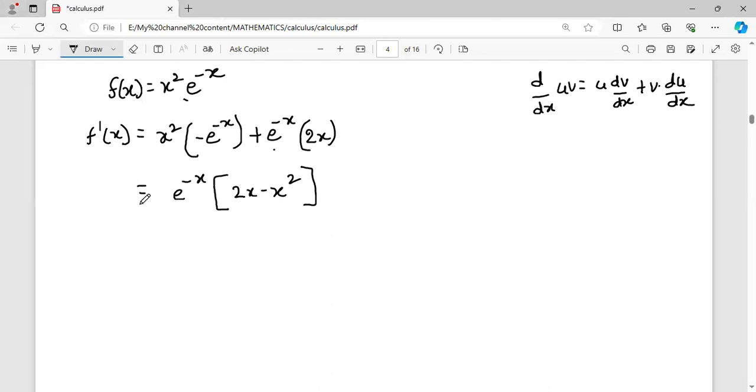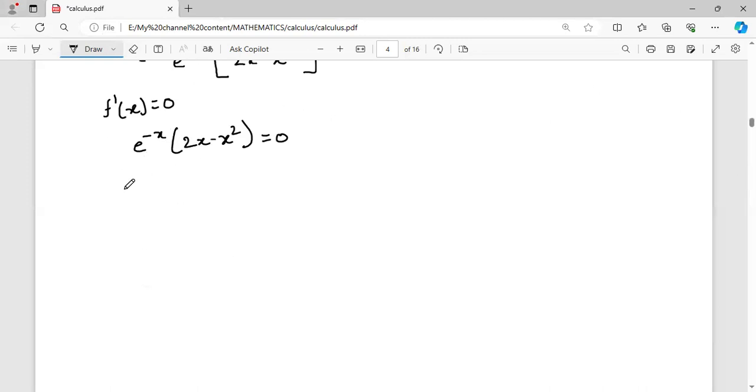Generally, to find out the maximum and minimum, f dash of x equal to 0. So for that, e power minus x into 2x minus x square equal to 0. We have to do simple mathematical simplification.